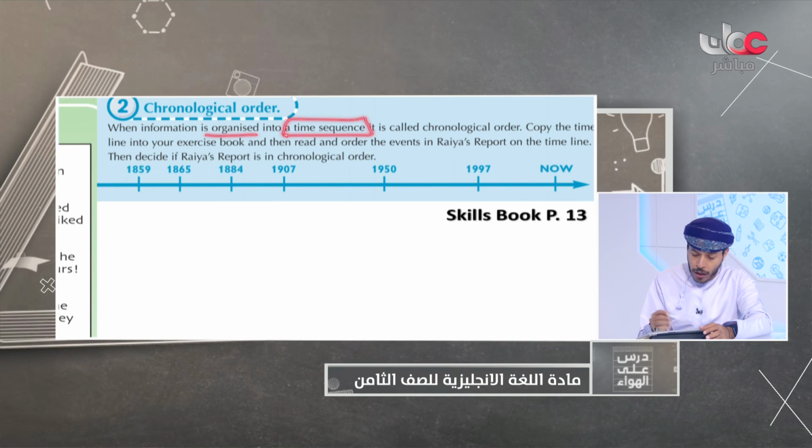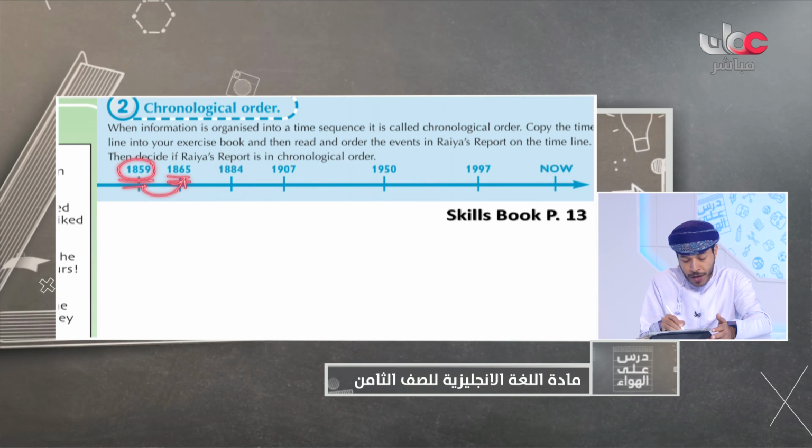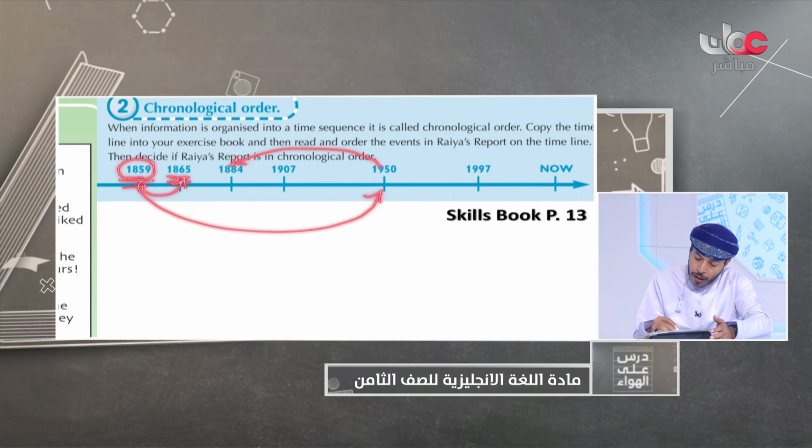Time sequence, like what? For example, the text started with this year, and what happened this year? Then it moved forward to the next year, which is 1865. So 1859, 1865. It didn't jump to, for example, 1950, and it doesn't jump back to 1884, because this is not called a chronological order.